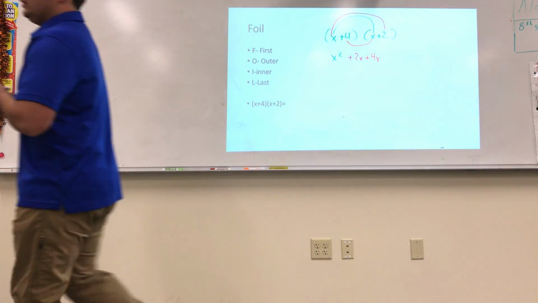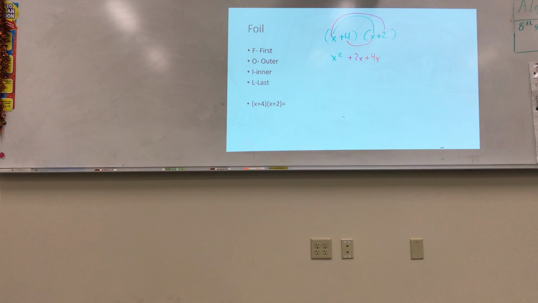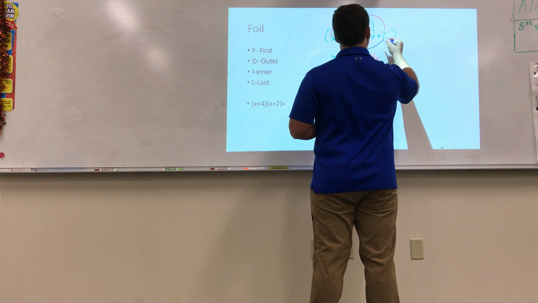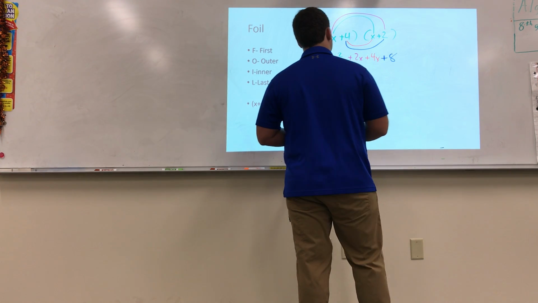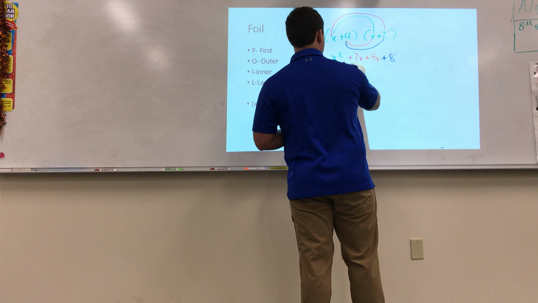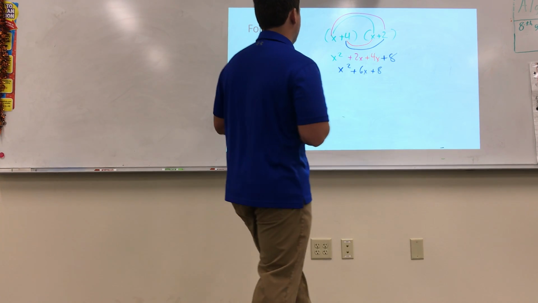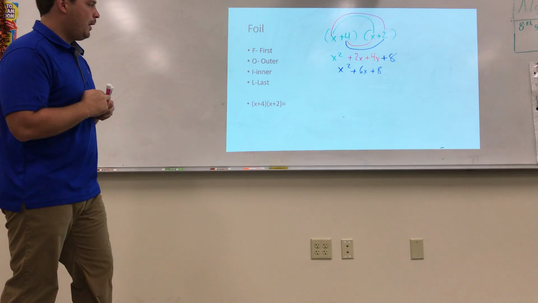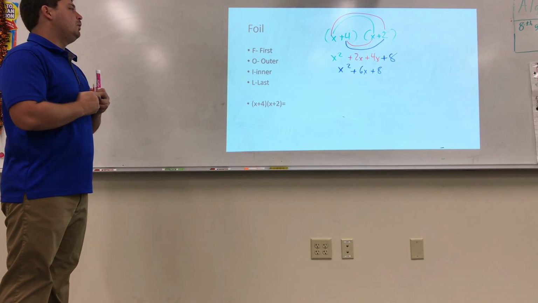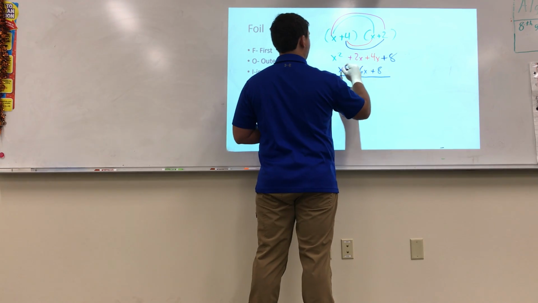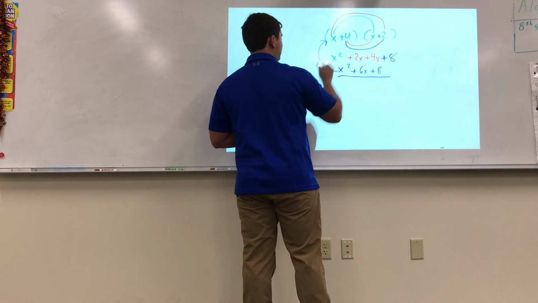And then last, plus 8. So then we end up with x to the second plus 6x plus 8. That's our answer. Okay? What we are going to do today is go from this back to this.